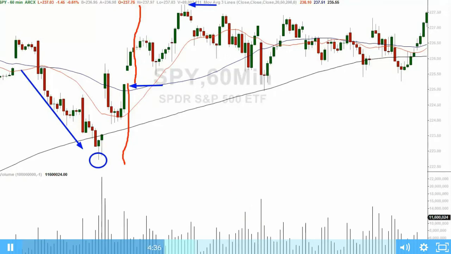Now, I'm not suggesting that you can make a trade off this information, but what I am suggesting is you begin to look at the chart from a different perspective. There are times when you'll notice the symmetry playing out, and when you begin to use the other factors that we've discussed and will discuss in this course, you begin to put them all together and use all the information together as it's all complementary to each other.